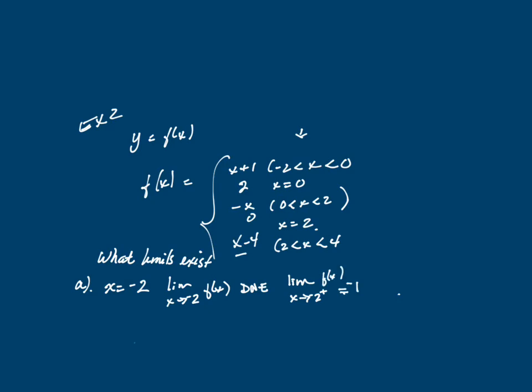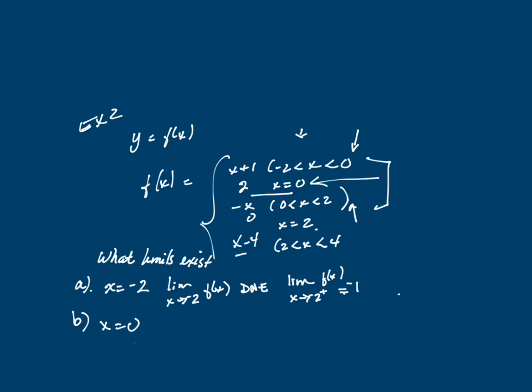Okay, so that's A. B wants x at x equals 0. Does the limit exist at x equals 0? Well, it's 2, so there's a function there, and how do we know whether a limit exists? It has to be approaching it. We don't care what it is at 0. Before 0, we want to know, and after 0, we want to know, and they have to be the same.